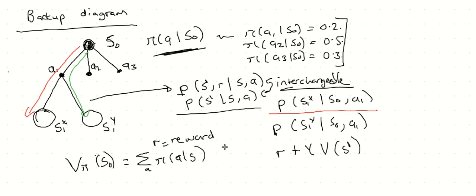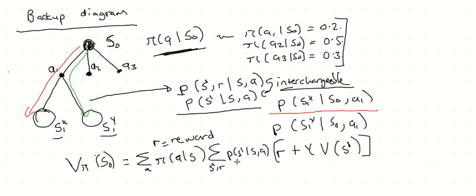However, we have iterated that this chain of events happens with a certain probability distribution. This distribution is again given by the summation over s prime comma r of p of s prime given s comma a. So we might end up in this s1, or we might end up in this s1.